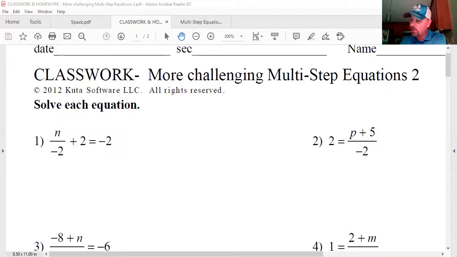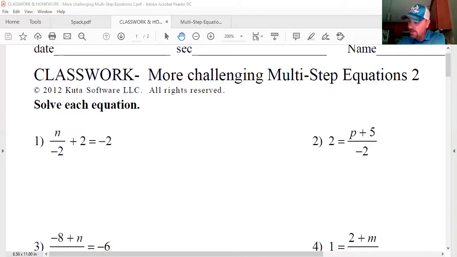Here we're left with seeing division, which we're going to undo with multiply. Okay, so in this case, n was divided by -2. The opposite of dividing by -2 is multiplying by -2. Okay, whatever this number is down here, whether it's positive or negative, is what you multiply by. Those cancel.